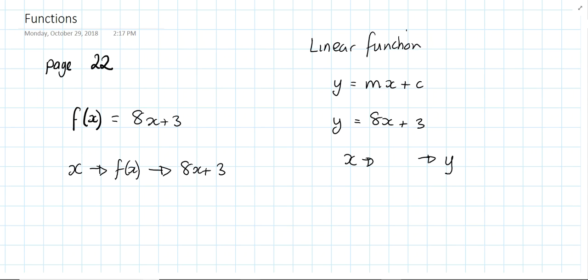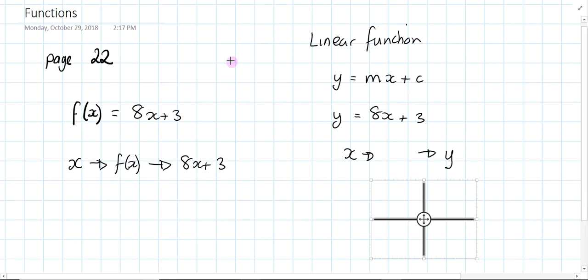So why would I want to have x and y? Well, because as Kieran said, maybe we're graphing the information. The only time really we have an x and a y is when we want to show the relationship between x and y on a set of axes.